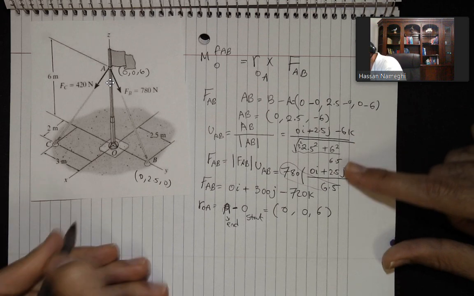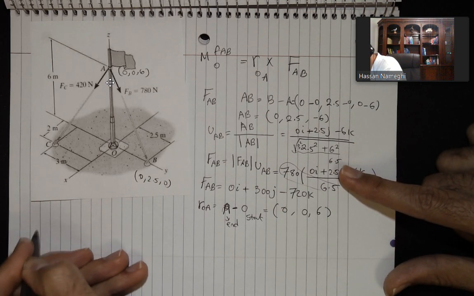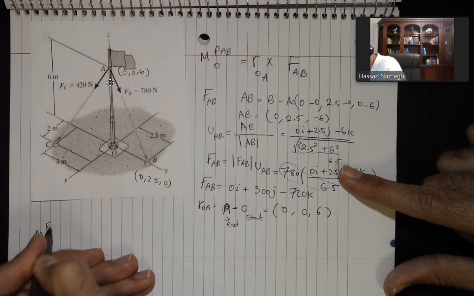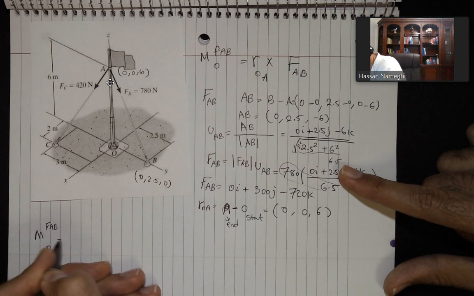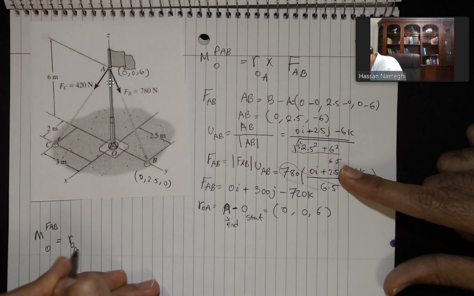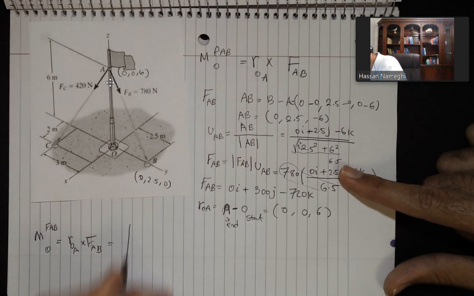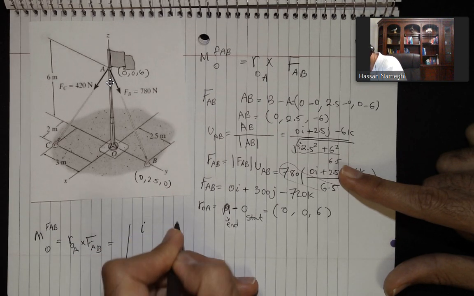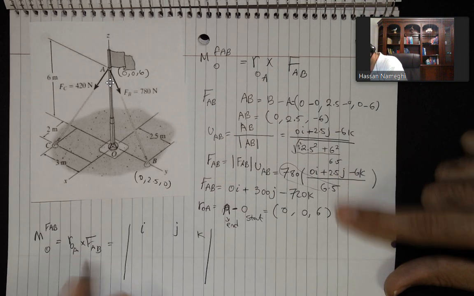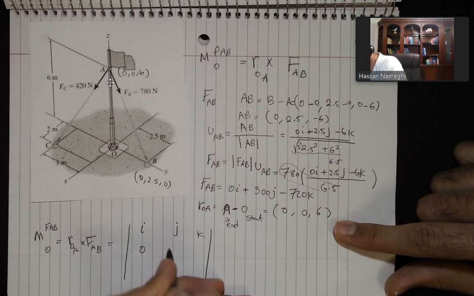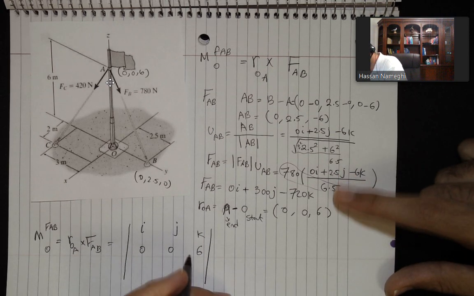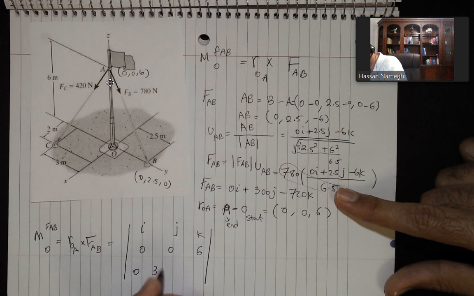I like to do my determinant. So I'm going to say the moment of force AB about point O is equal to ROA cross FAB. In this case I have I, J, K. ROA is 0, 0, 6. And this one is 0, 300, minus 720.